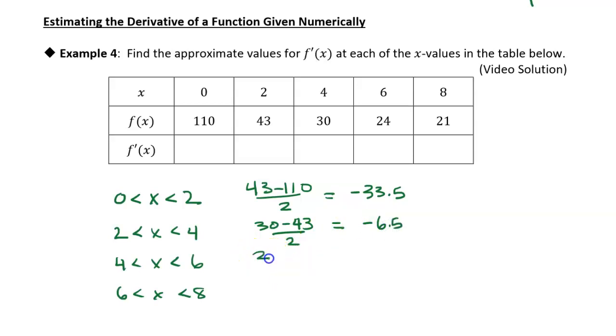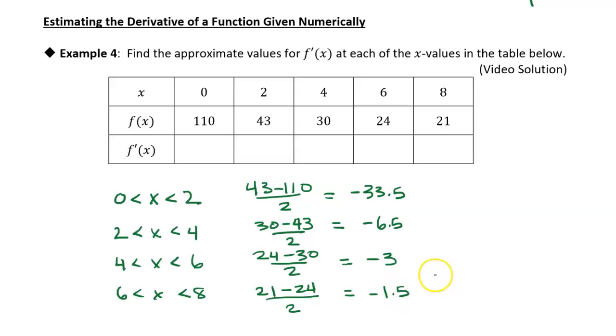The next interval is 24 minus 30 over 6 minus 4, which is again 2, and that gives me negative 3. Then I take 21 minus 24, and 8 minus 6 is again 2, so that gives me negative 1.5.